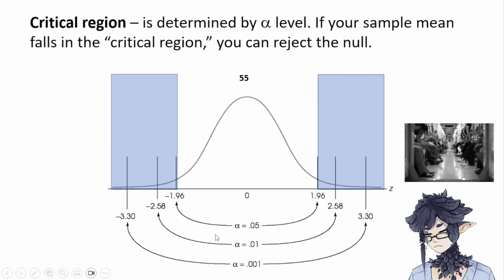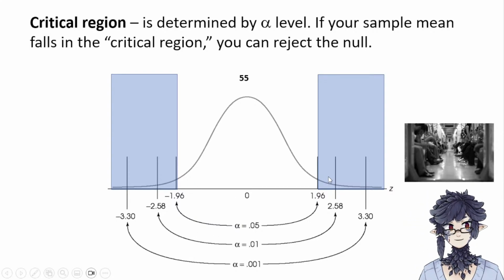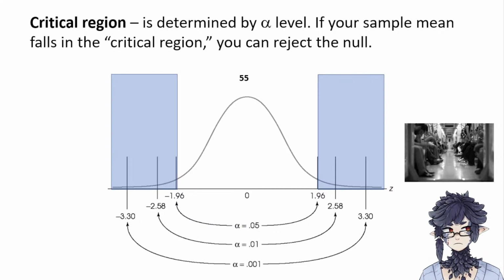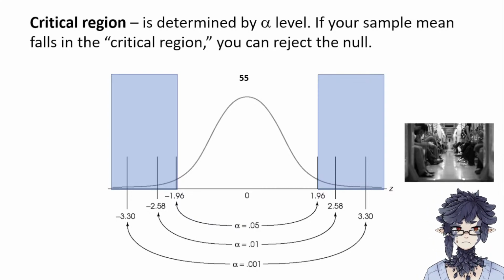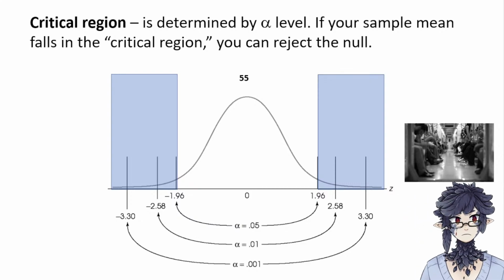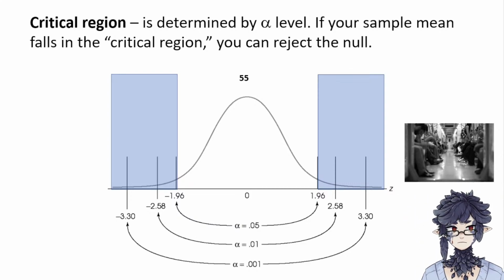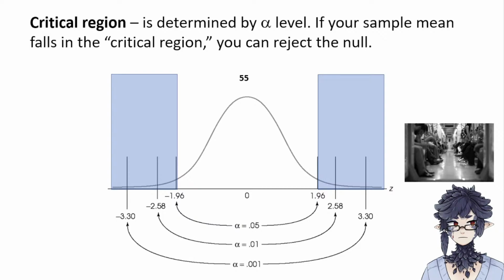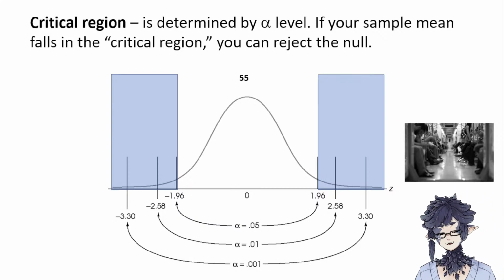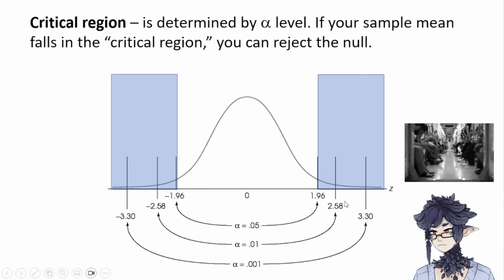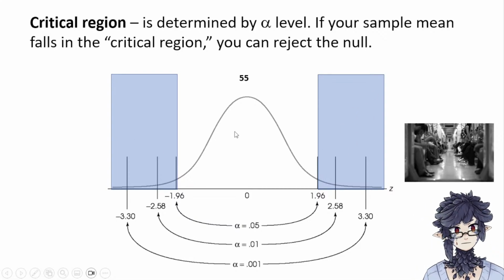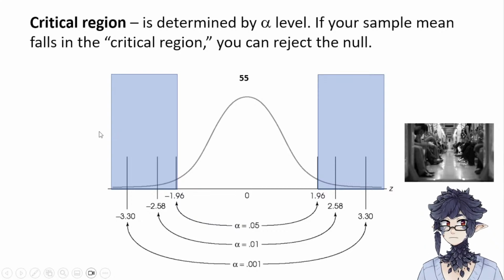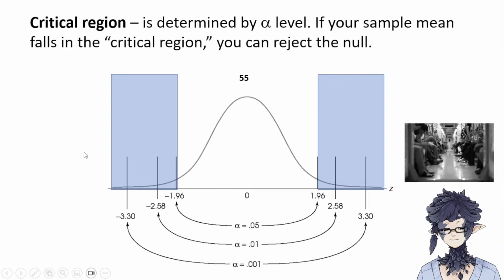Alpha 0.01, that's a less than 1% chance. Alpha 0.001, there's less than a 0.1% chance that you would have randomly selected a sample with a sample mean that different from the population mean. That's the kind of idea here. If your sample mean falls that far away from the middle, something is probably going on here. We can't be 100% sure, but we can be pretty sure that this isn't a fluke.